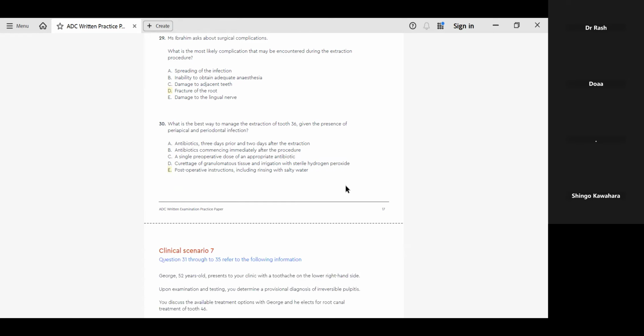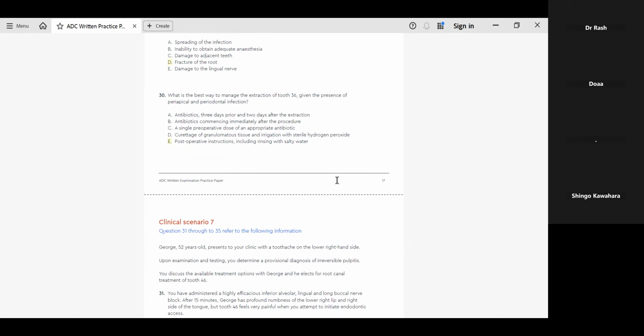So look at what the complete options mean. That's very important, and that's the reason why I wanted to hold this discussion session, because the answer key is there to help you understand how to go through the question. ADC makes simple things difficult by doing things like this.